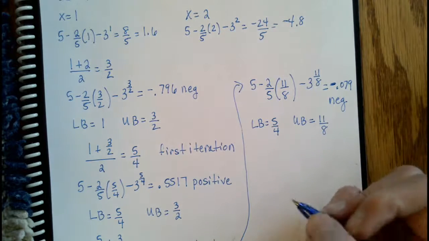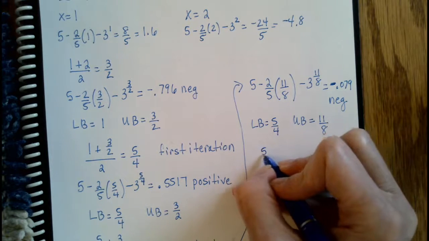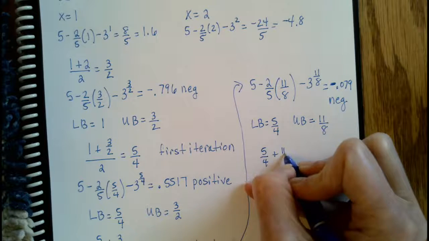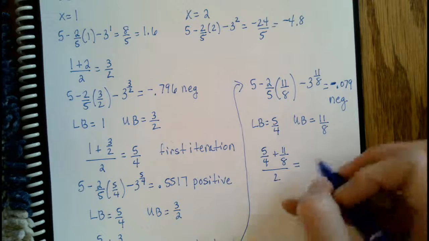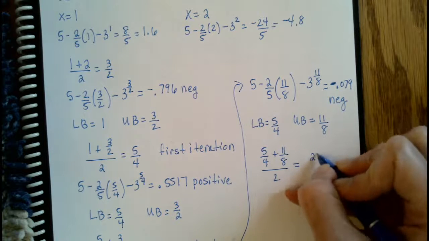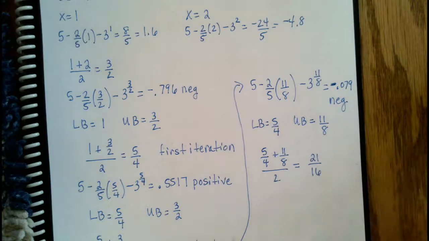And then to get our third iteration, we're going to take 5/4 plus 11/8, divide by 2, and we end up with 21/16. My iPad turned off, but that will match an answer in Edmentum.